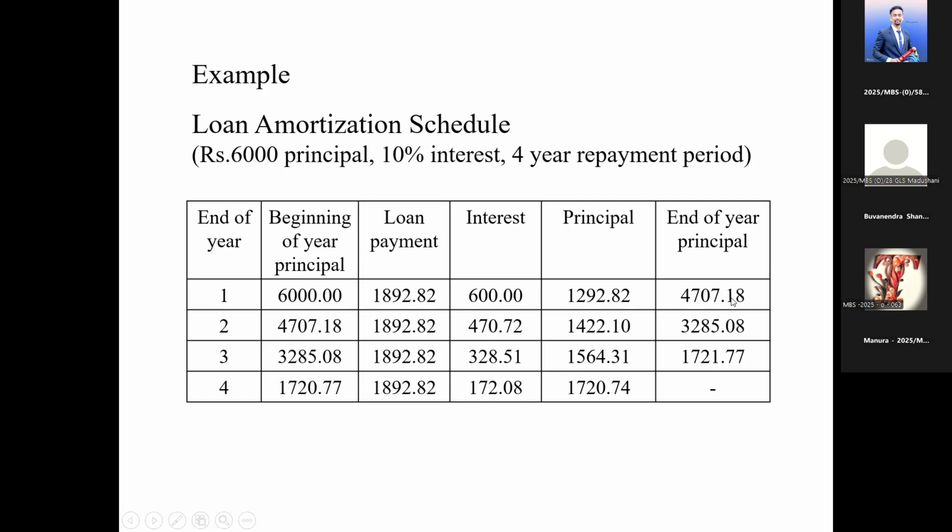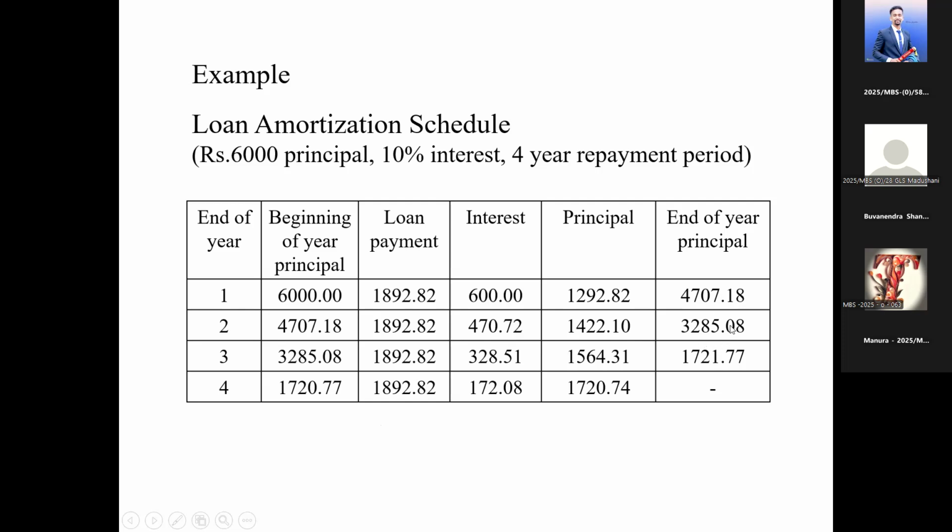In year two, I need to pay interest on this balance. The installment is always the same equal amount. So the interest at 10% is 470.72. Out of this installment, after the interest, the principal I paid is 1,422.10. So after settling this principal, the balance to pay the bank at the end of year two is 3,285.08.